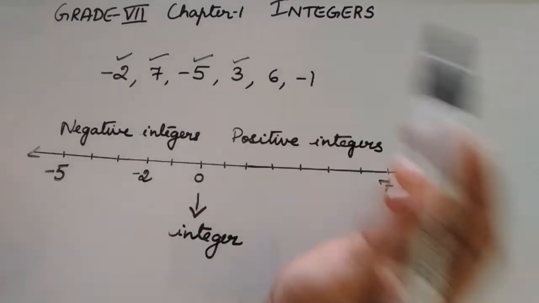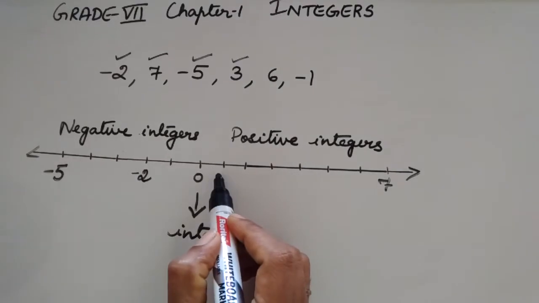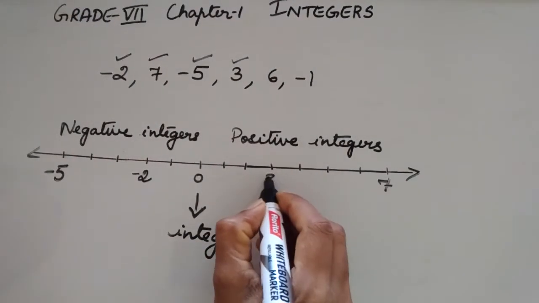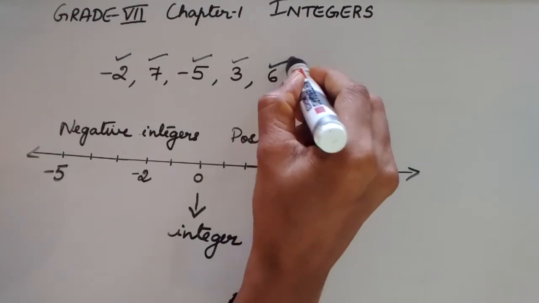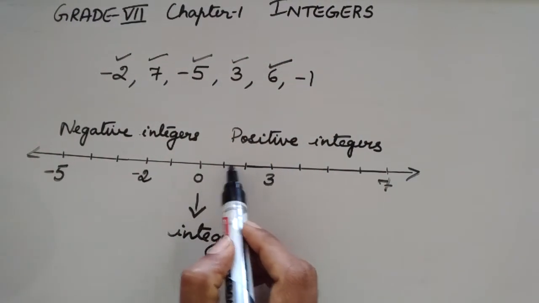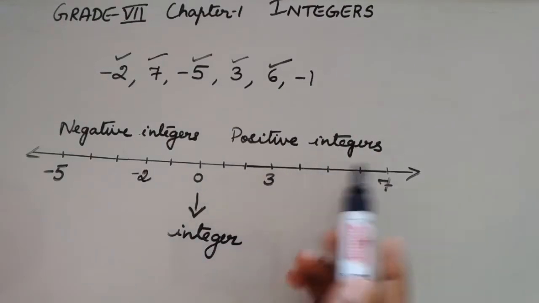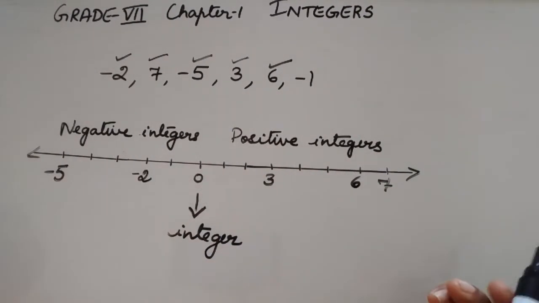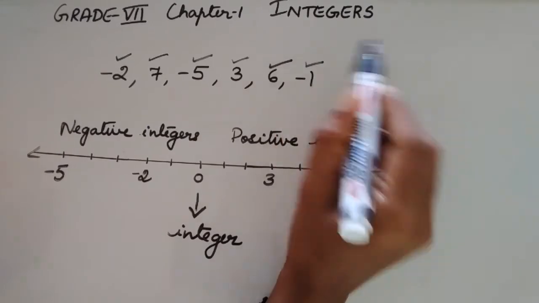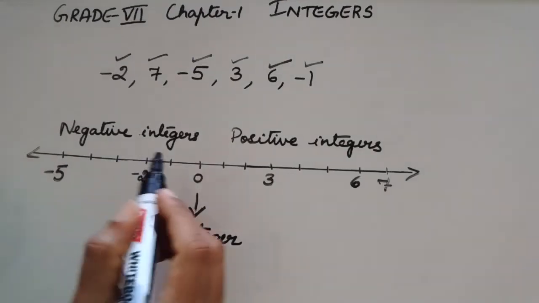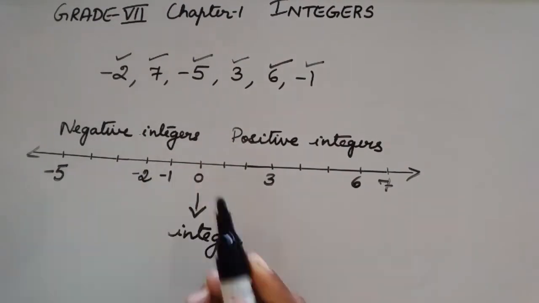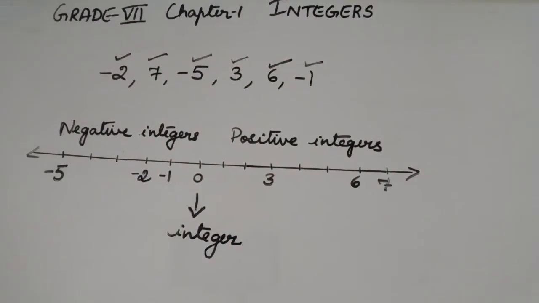Next, we have 3, the positive integer: 1, 2, 3. Next, we have 6. Again, it is a positive integer: 1, 2, 3, 4, 5, 6. The last one we have is -1. It is a negative integer. We have -1 here. So this is how we represent integers on the number line.